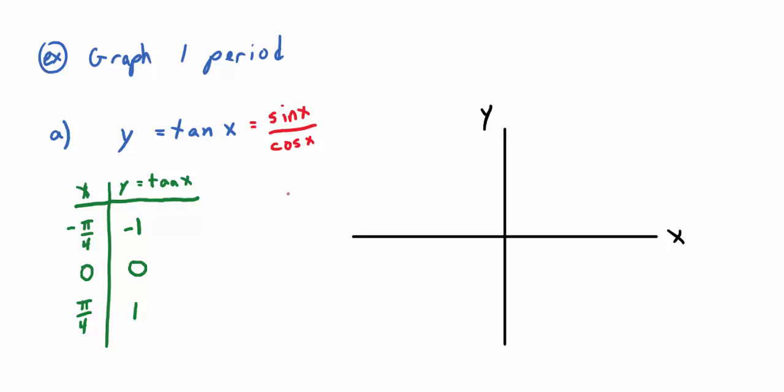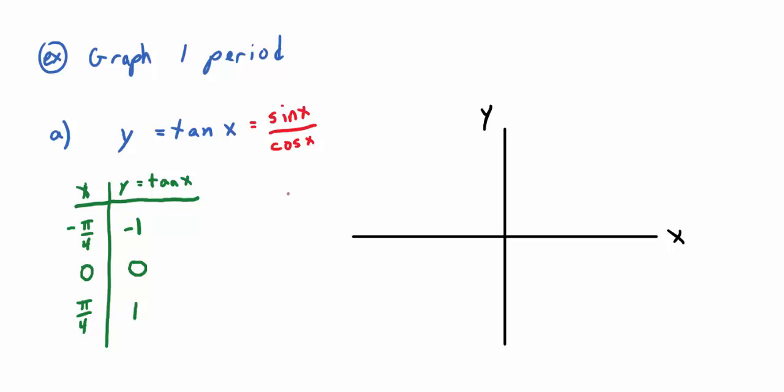So unlike sine and cosine, there are certain x values you can't plug in. Why? Because they do not exist. They're going to create 0 in the denominator, right? So any x value that makes the cosine of x 0 means division by 0, and that's not going to be in the domain of the tangent, right?